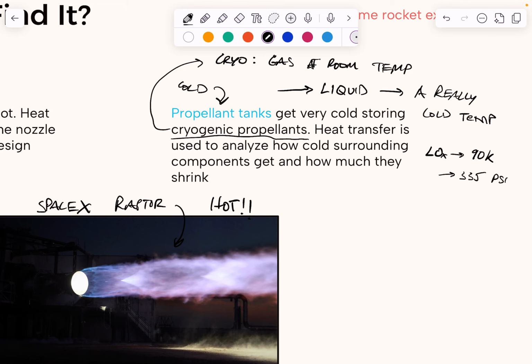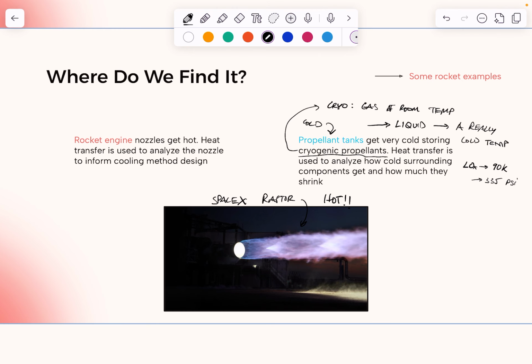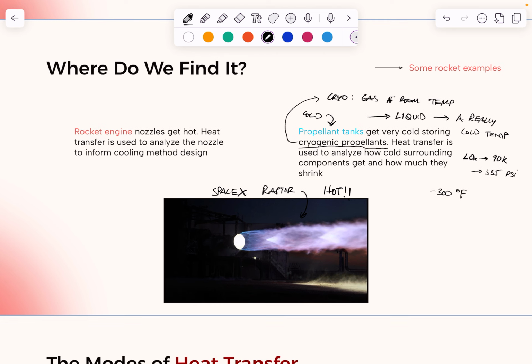But anyway, really, really cold. Usually we're talking about around negative 300 Fahrenheit, which I think is a little bit more relatable. So we get hot things and we get cold things. That's what we're dealing with on the rocket.